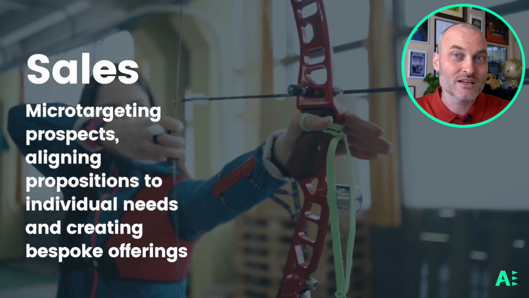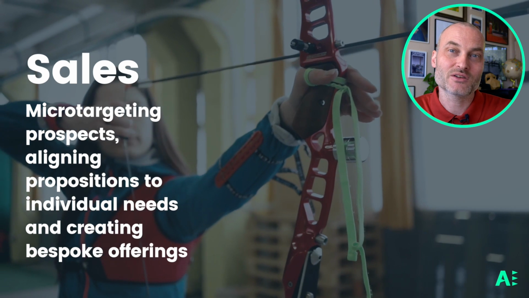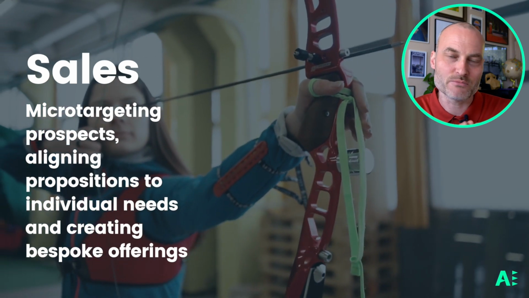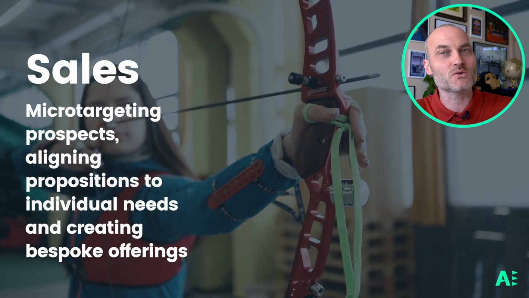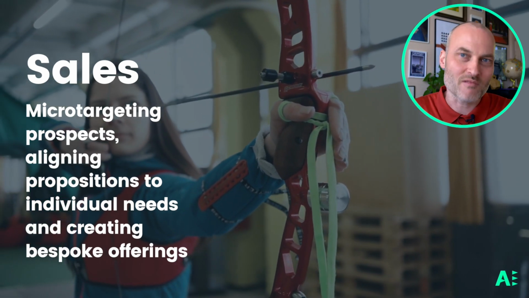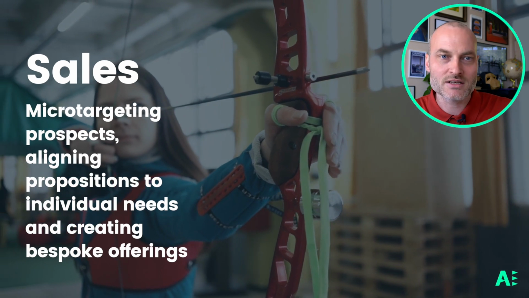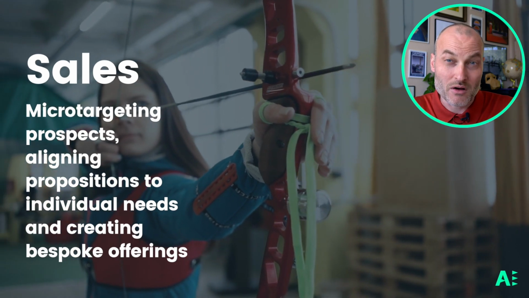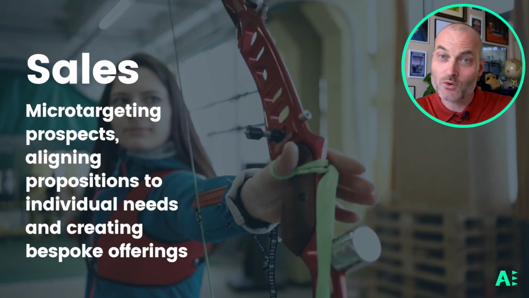Now, sales is really interesting because what AI has allowed us to do is move from this sort of broad brush sales approach where you try and get your product and value proposition in front of the right people and hope that it works. AI allows you to micro target your prospects.